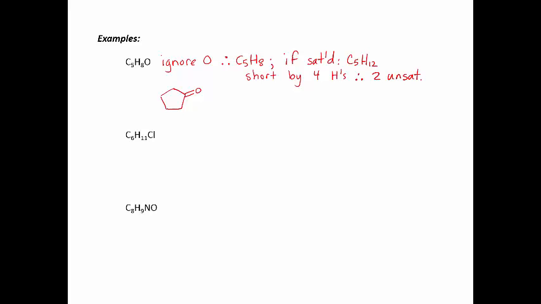Let's try one with a halogen. So it says halogen, replace each halogen with a hydrogen. So let's do that. So our working formula here, we have C6H12.